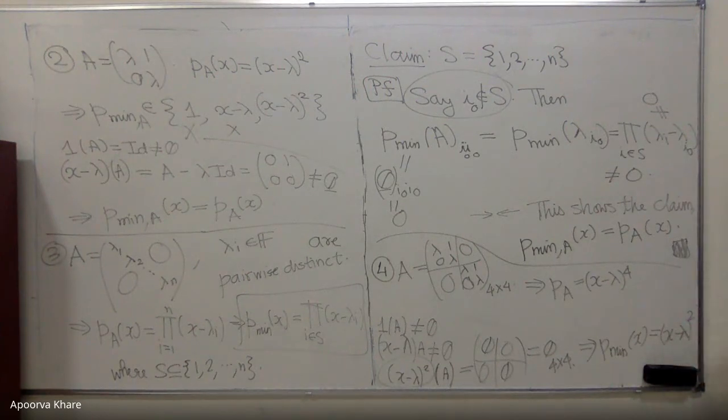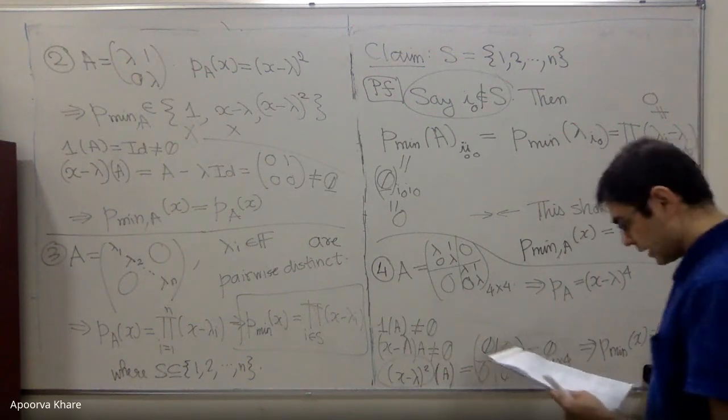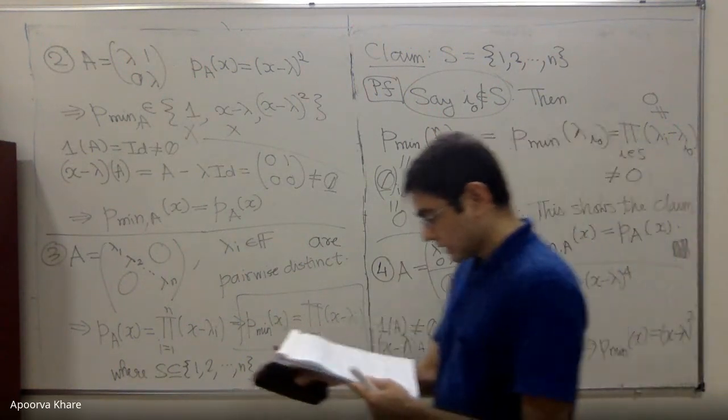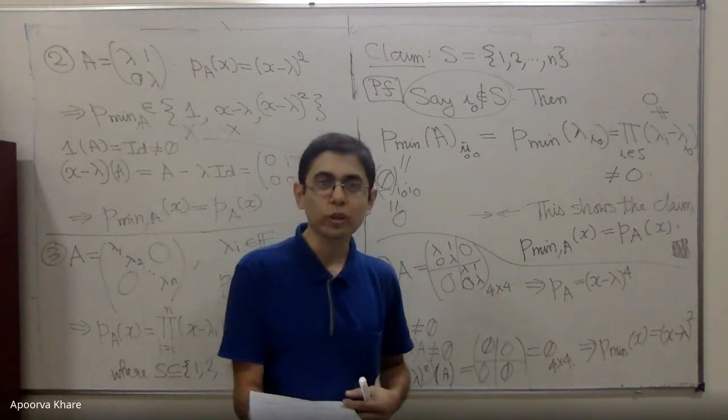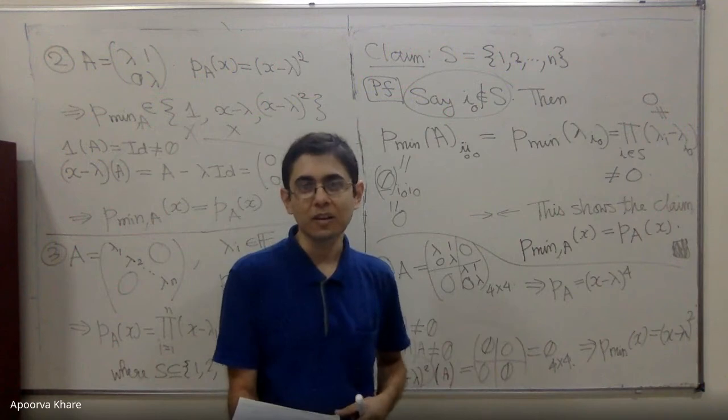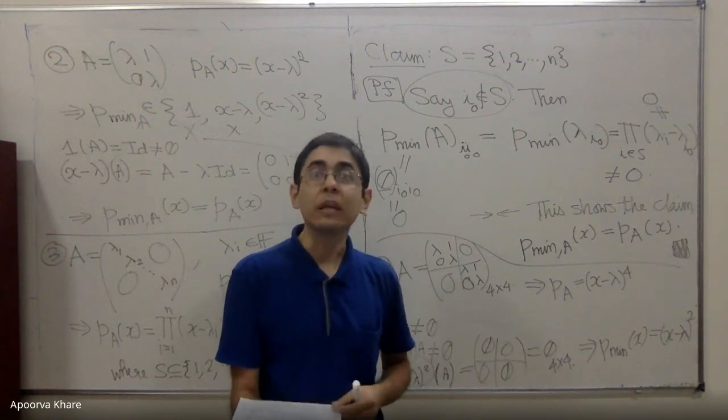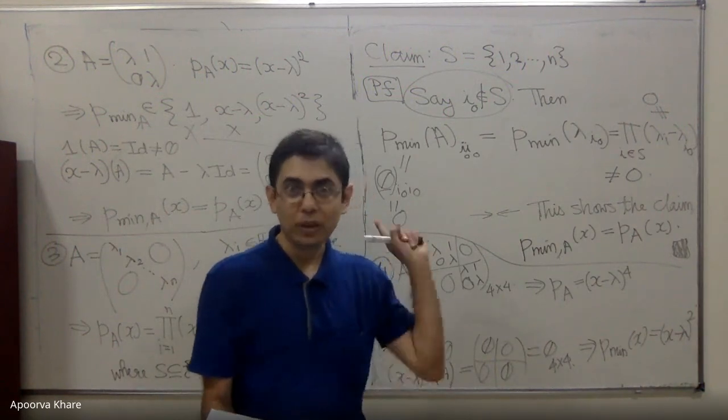Okay, so these are some examples. Now remember, I told you that you should be able to define P min of T, and the fact that P min of T equals P min of A. Let me now prove that.